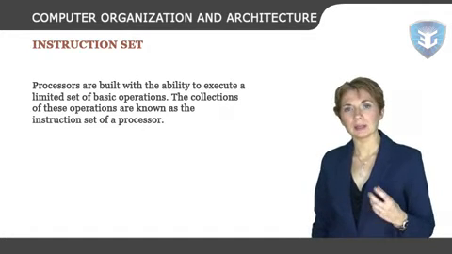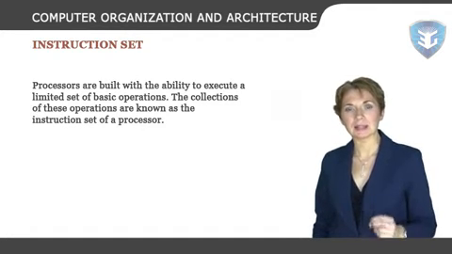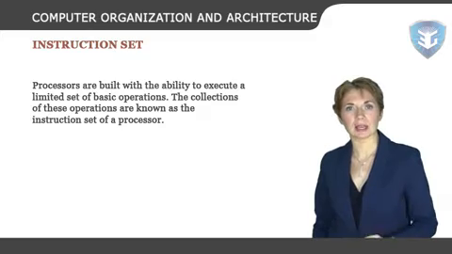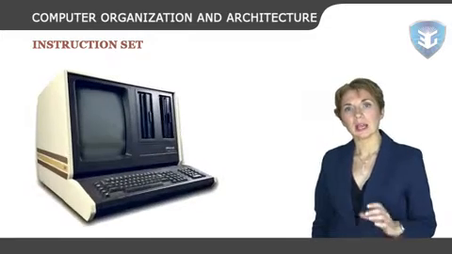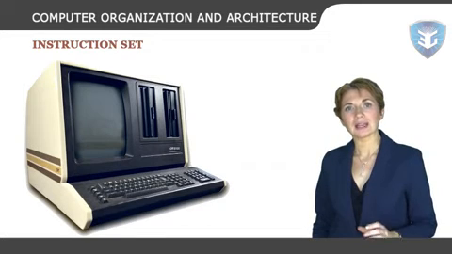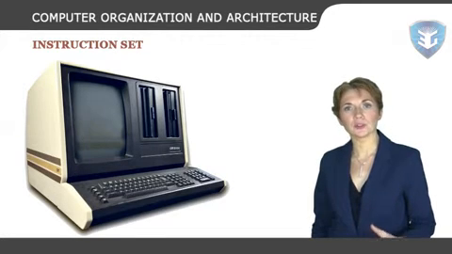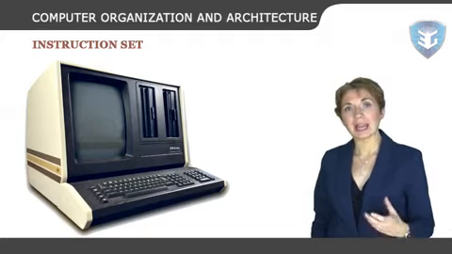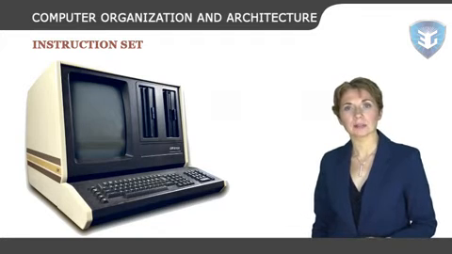Processors are built with the ability to execute a limited set of basic operations. The collection of these operations is known as the instruction set of a processor. An instruction set is necessary so that a user can create machine language programs to perform any logical and/or mathematical operations.